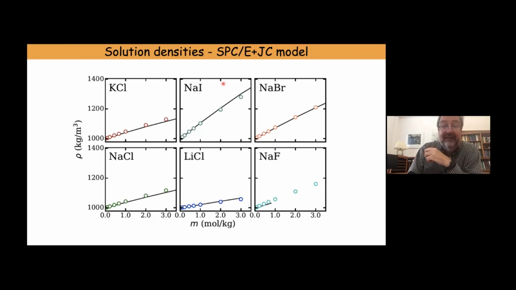I haven't really done that. The permittivity of pure water is a little off with all these models, but I'm sure that the dependence of the permittivity on salt concentration will also be incorrect. I have absolutely no reason to believe that that is correctly described by the classes of models we have.